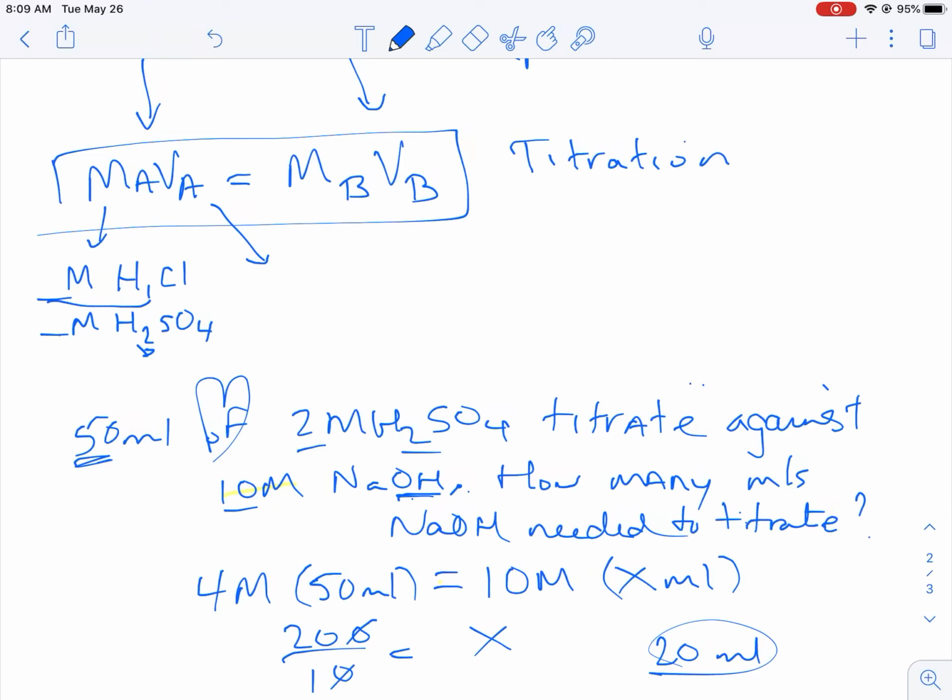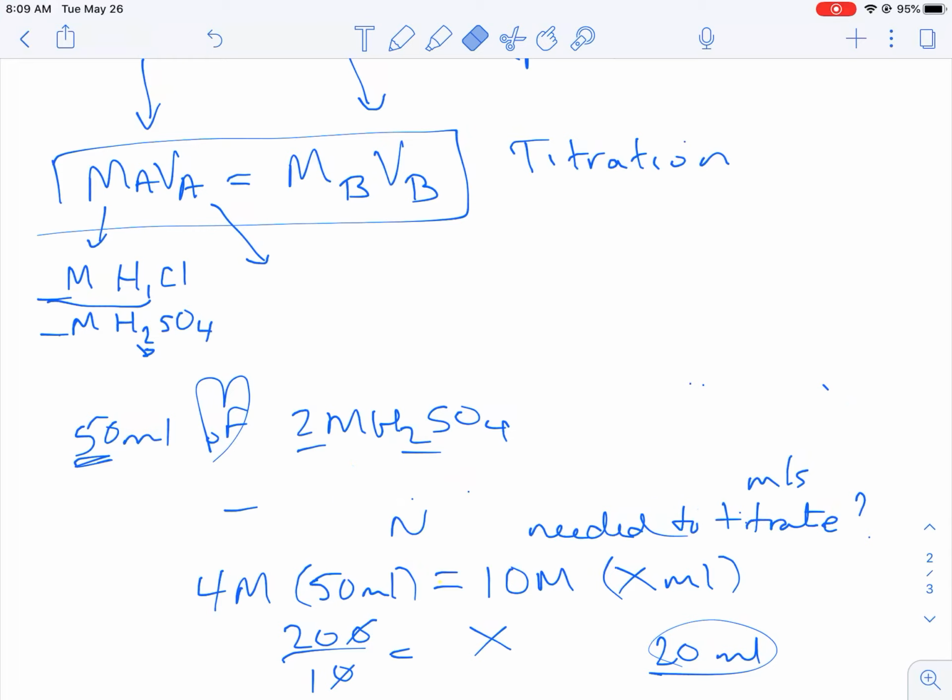Now, if they just asked me how many moles of H are there in this solution, let me change that question just to show you a version of that. Let me erase this and show you how this differs if they ask us in a scenario.